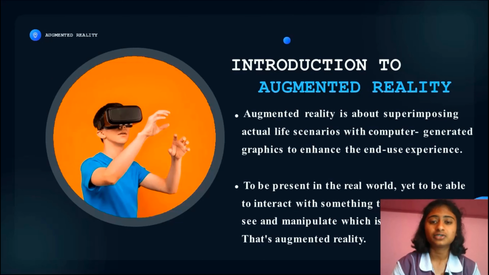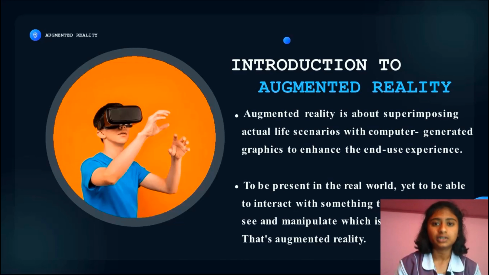You might have probably heard this term together with virtual reality, right? These usually go hand in hand. Virtual reality is the idea where you put on a virtual reality headset and you are transformed into the virtual world.